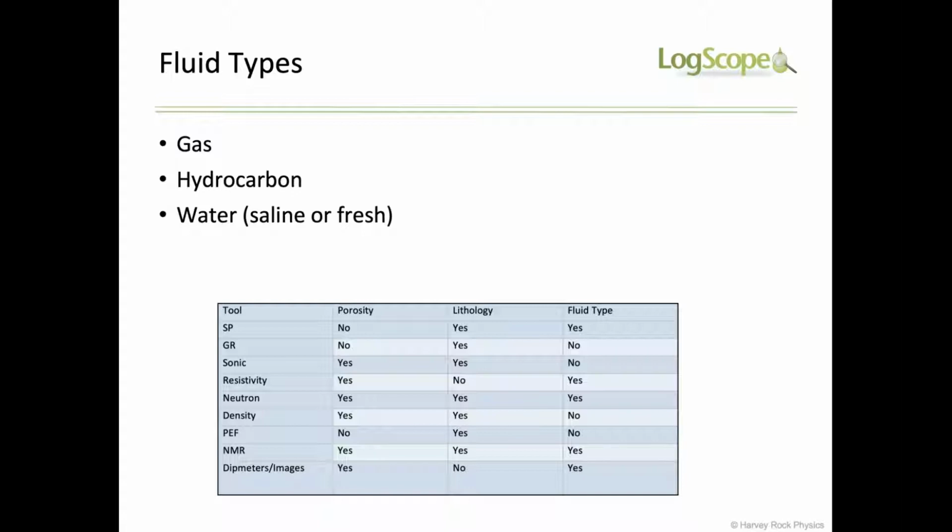The gamma ray measures principally lithology. The sonic can be used for porosity. In fact, it was originally designed for porosity and lithology. You see very nice compaction trends in shales and clays from the sonic.